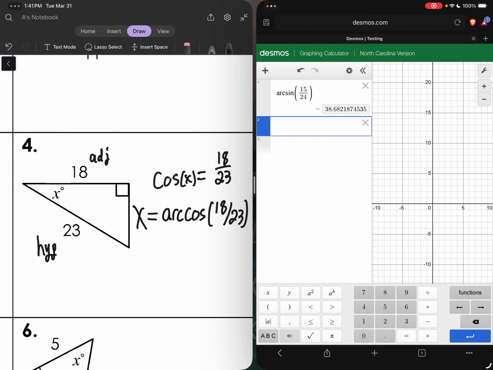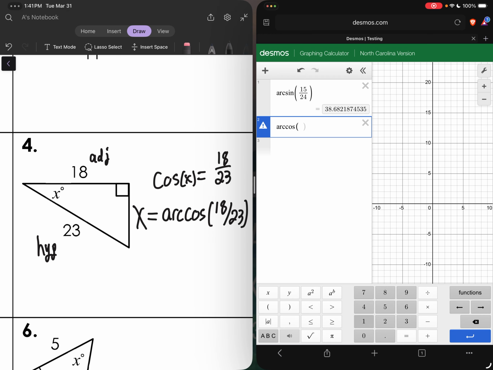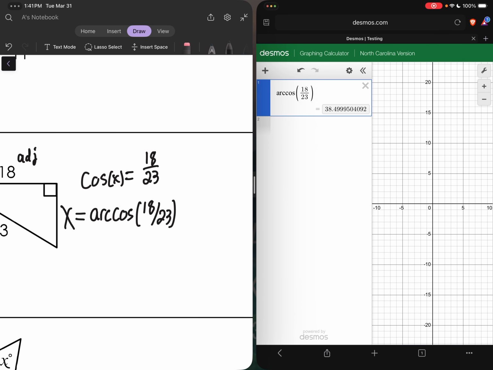Type this in Desmos. .5 degrees, approximately.